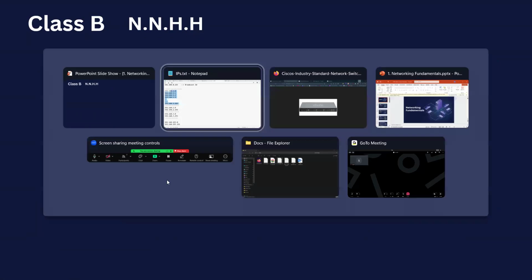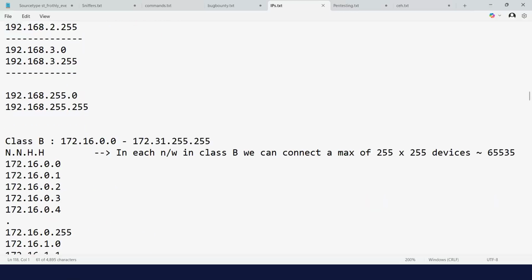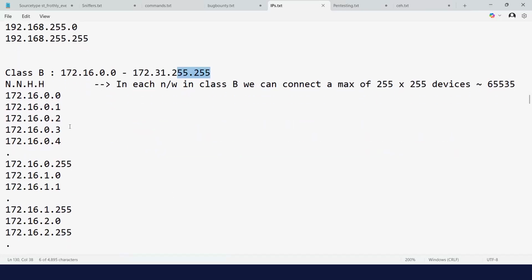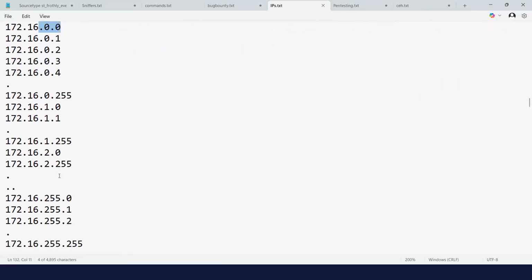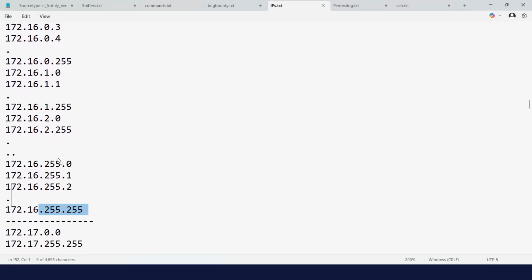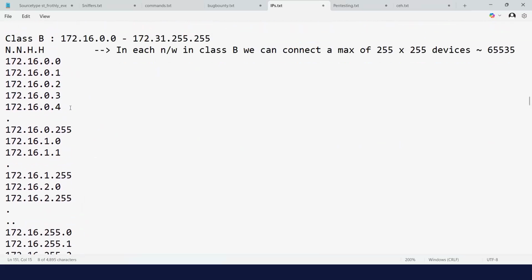Now in class B, there are two network portions and two host portions. Class B starts at 172.16.0.0 and goes up to 172.31.255.255. So all the way from 172.16.0.0 to 172.16.255.255, that is one single network. So 0.0, 0.1, 0.2, 0.3, 0.4 goes up to 0.255.